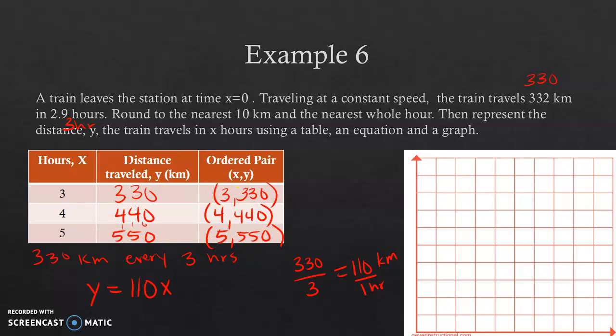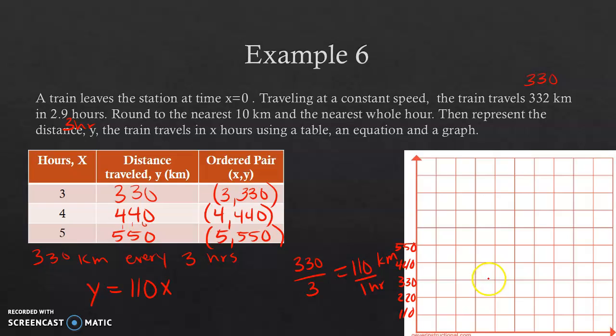And so I'm going to do 1, 2, 3, 4, 5, 6 across the bottom. And I'm going to go by 110 up the top. So 110, 220, 330, 440, 550. And then from here, I'm just going to plot these points.